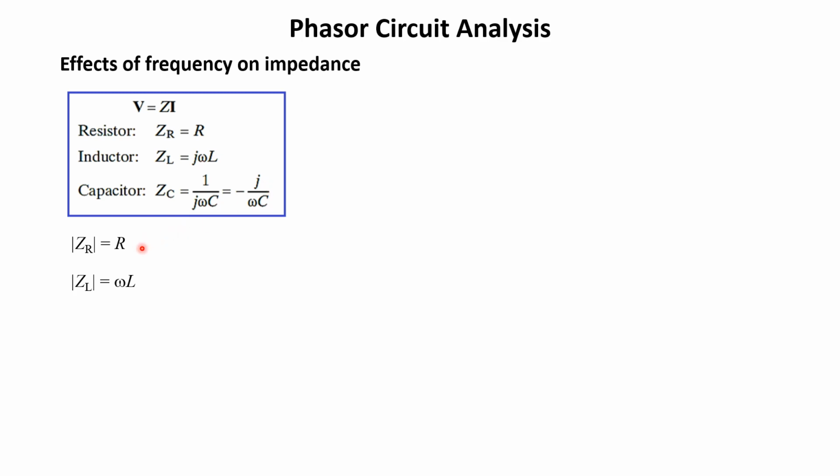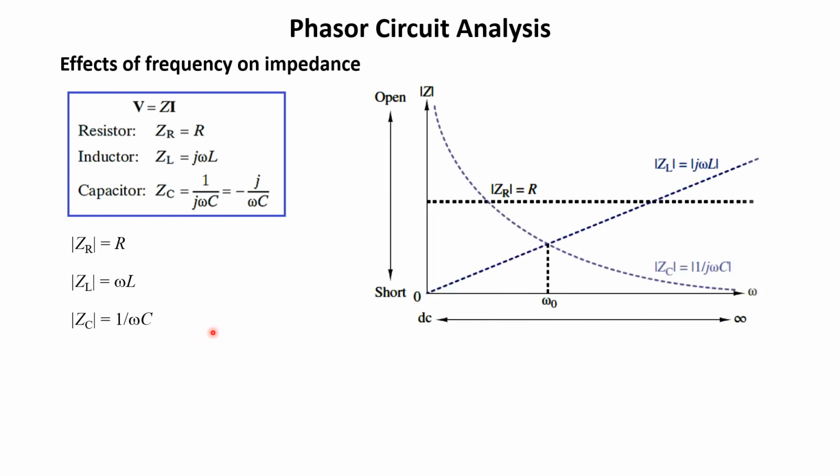This shows the magnitude of the impedance of the resistance, the inductance and the capacitance. And now this graph shows the dependence of ZR, ZL, ZC on the frequency. This is the horizontal axis, the frequency axis. We start from 0 to infinity. At 0, when the frequency is 0, we call it a DC signal.